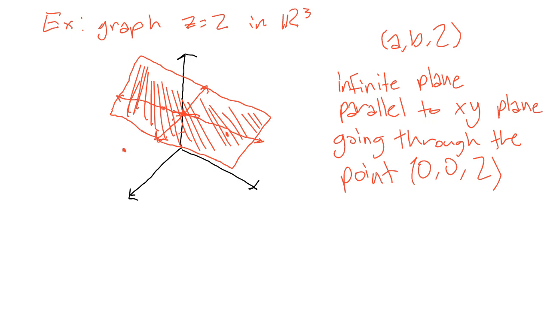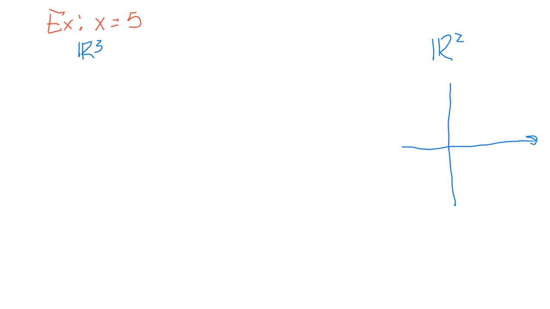So now let's move on and do another example. In this example, we want to graph x equals 5. Now, unlike z, x can still exist in 2D. So let's write an R3 right here and an R2 right here. If we're graphing it in 2 dimensions, x equals 5 is a pretty simple graph.